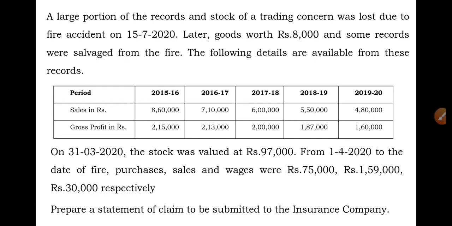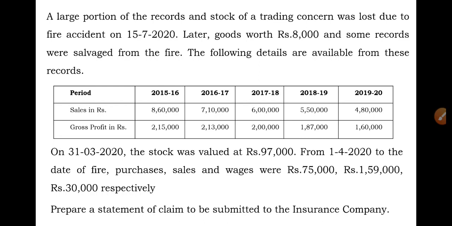Whatever stock there is at the end of the accounting year should be considered as closing stock. So 31/3/2020 is the ending date of the previous year, and the stock valued at rupees 97,000 should be considered as the closing stock for the previous year.